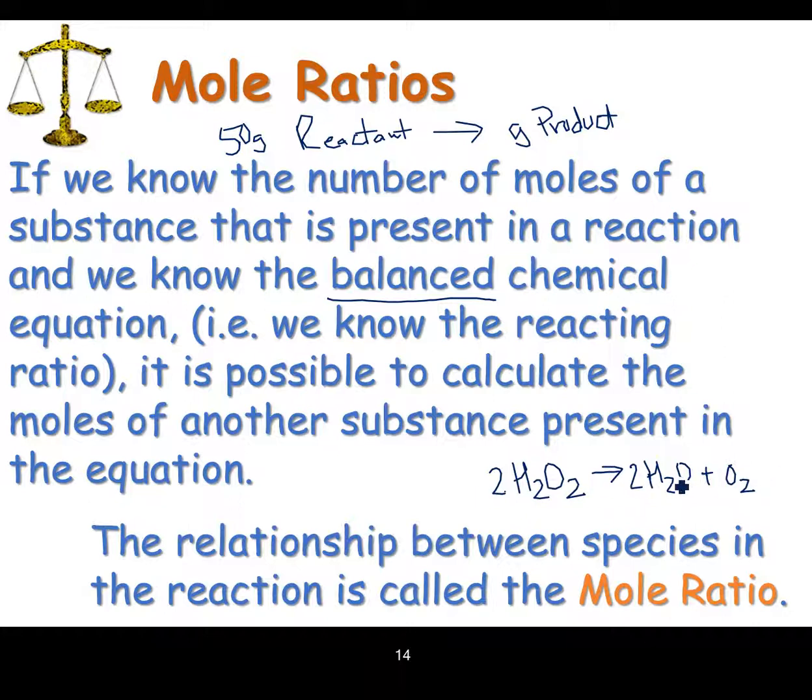If I started with 50 grams of peroxide, I would be able to convert using this relationship of 2 moles of H2O2 to 1 mole of O2. Or I could take the 2 moles of peroxide and find out how many moles of water. Notice that when these are the same, the number of moles I start with will be the same as the number of moles I end with for that species.